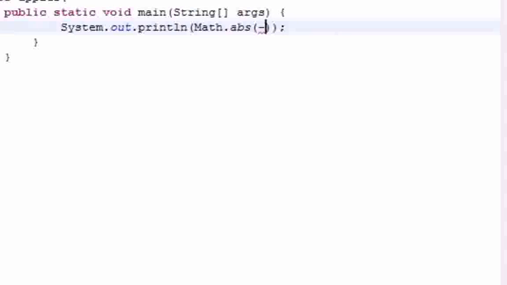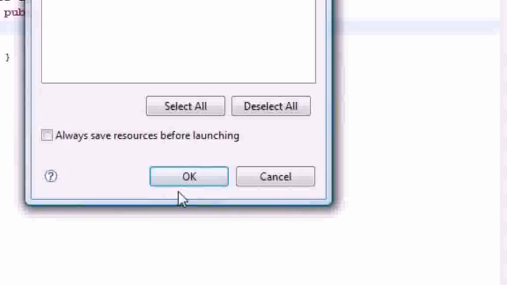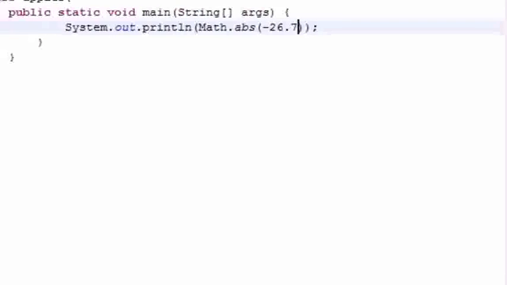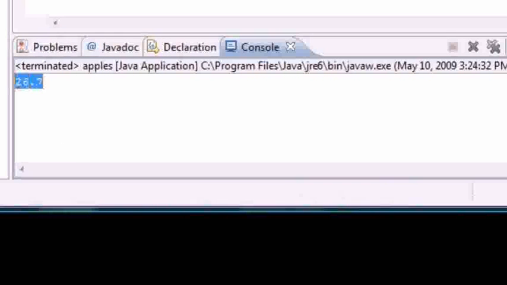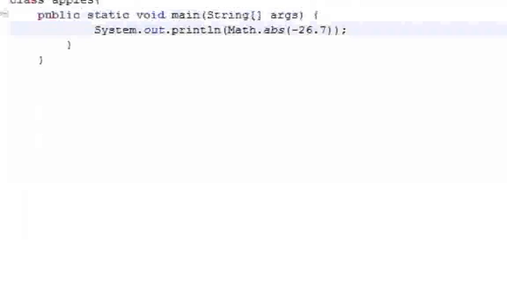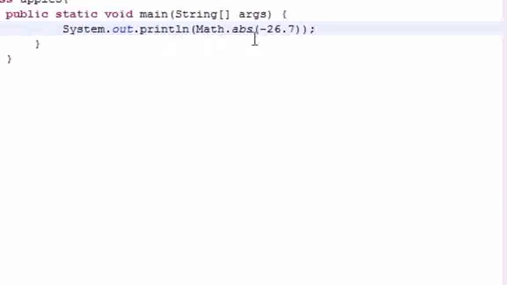So if you have 26.7 and you run this, it would output 26.7. If you have a positive 26, it would give you 26. If you have negative 26, it would give you 26. It's how far away from 0 the number is. So that's what abs does, absolute value.